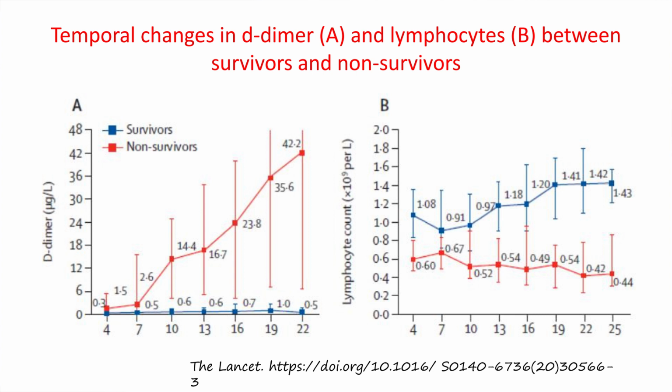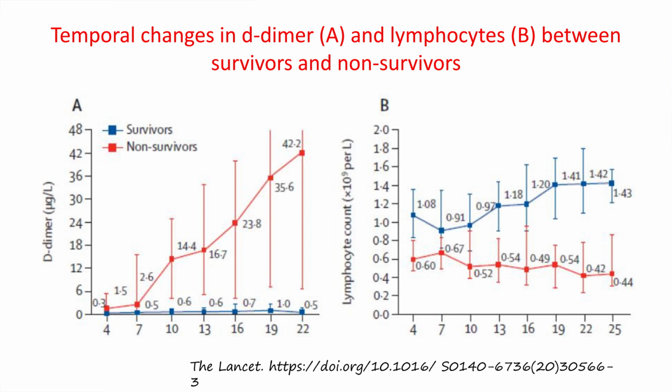This slide shows the D-dimer and the lymphocyte can be an indicator for the severe or critical illness. This was published in the Lancet recently. You can see the D-dimer in the non-survivor increased very rapidly.